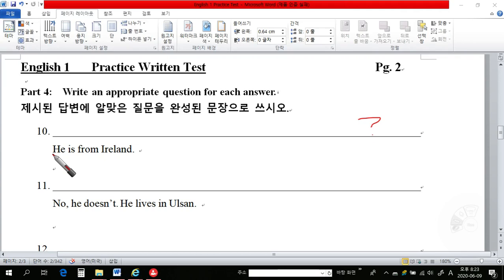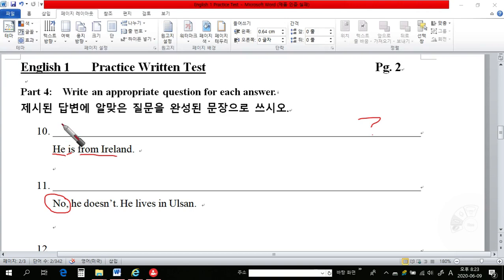Okay, so in here we're talking about a man. We have a verb here, and we have a place. Now notice in number 11, for example, this is a yes or no question. Okay, so that structure is a bit different. Here, in number 10, you're given pure information. He is from Ireland.